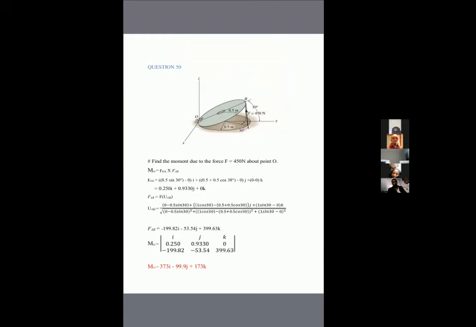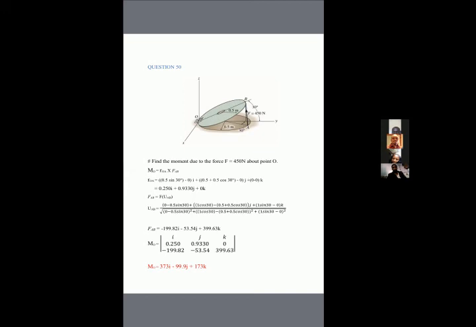Then the force, which is equal to 450 Newton, is actually in the direction A, B. And then the question is asking us to get the moment about point O. So for us to be able to get the moment about point O, the first thing is we have to get our vector. In this case, it can either be R or A, or whichever one that you are comfortable with. And then the force should also be in terms of its vector component.